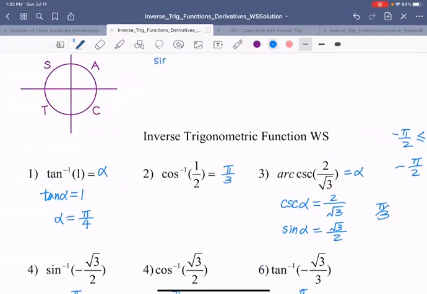Here I give you a summary. Sine inverse, it is bounded between negative pi over 2 to positive pi over 2. Cosine inverse is bounded between 0 and pi. Tangent inverse is bounded between pi over 2, negative pi over 2.